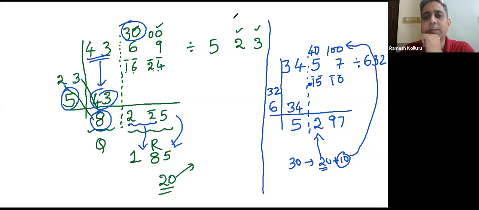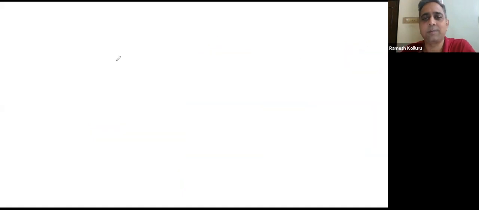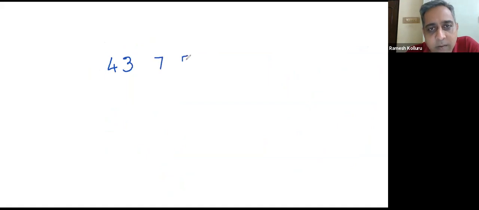Okay, let me take to the next step. Can I clear this? So let me take to the next step. So here my number is, let us say 4375 divided by 789.